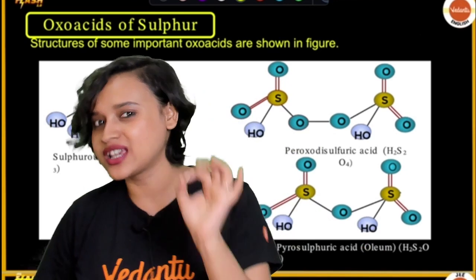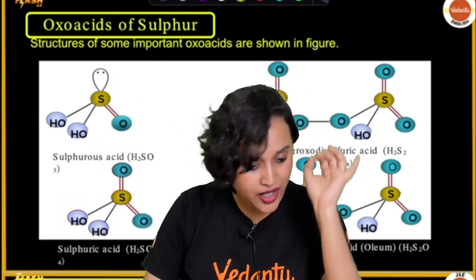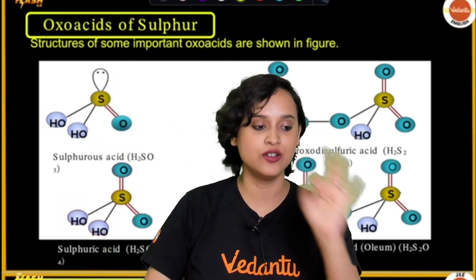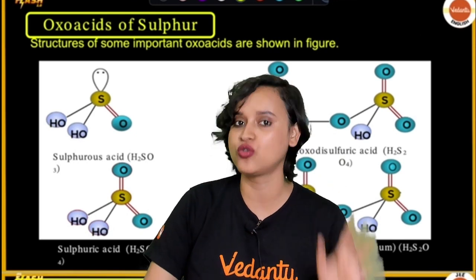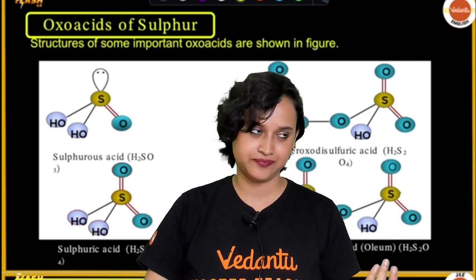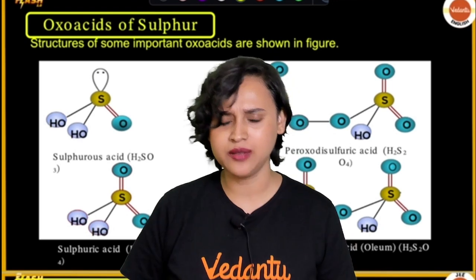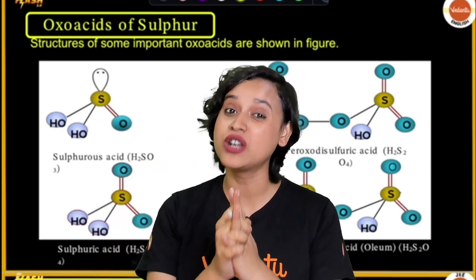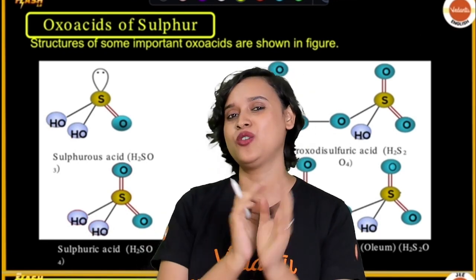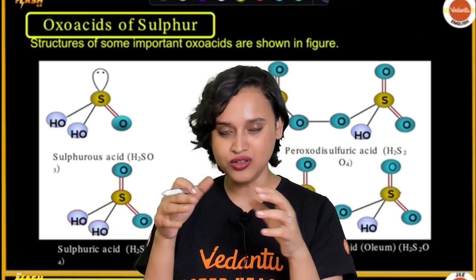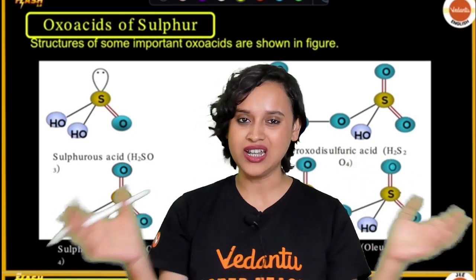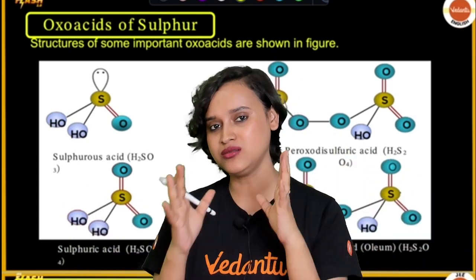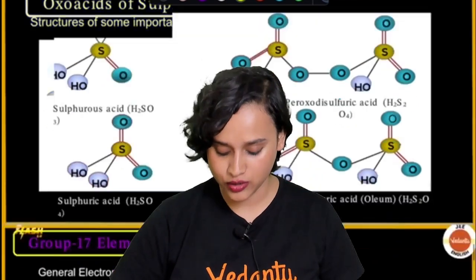I'm just giving it to you for your benefit, and I know for a fact that none of the other teachers are going to show you this, because I believe it's a waste of time, but please do go through it once. I don't want you to feel chaotic if one question comes from P block and redox merged like this. You should be able to attend the question. So please just go through it, okay?